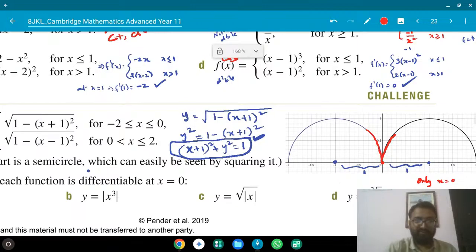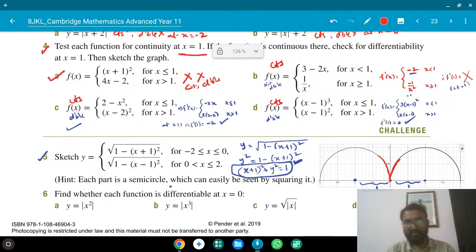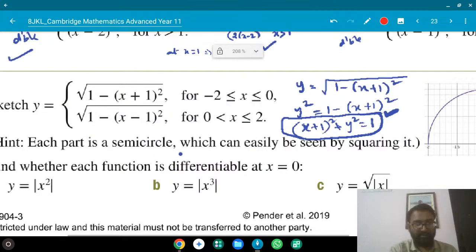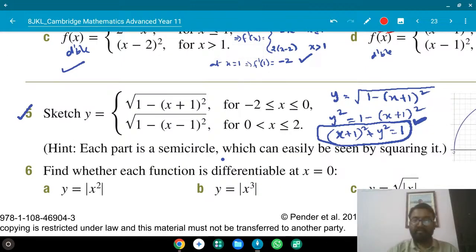Now we have to comment about this function. He asked me to just plot it. Whenever mod comes, think of differentiability. Wherever the expression inside the modulus becomes 0, that point is not differentiable.